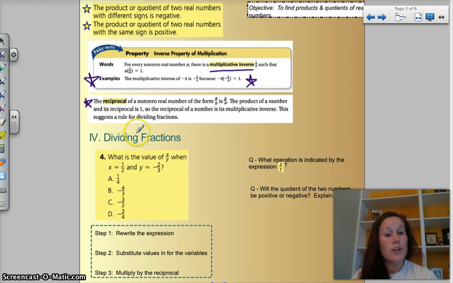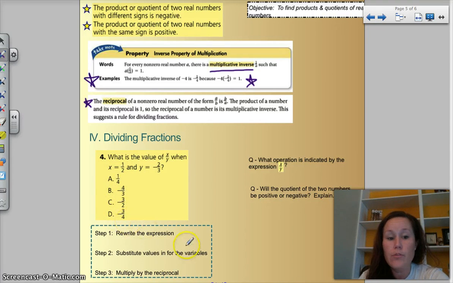So dividing fractions. What is the value of x over y when x equals 1/2 and y equals -2/3? Is it 1/4, -4/3, -3/2, or -3/4? Step 1, rewrite the expression.